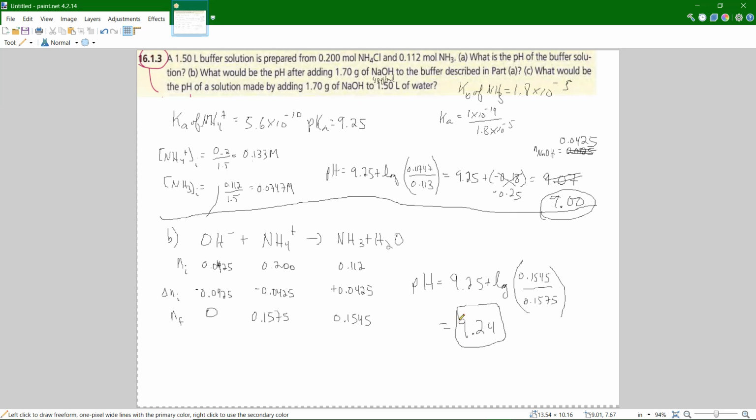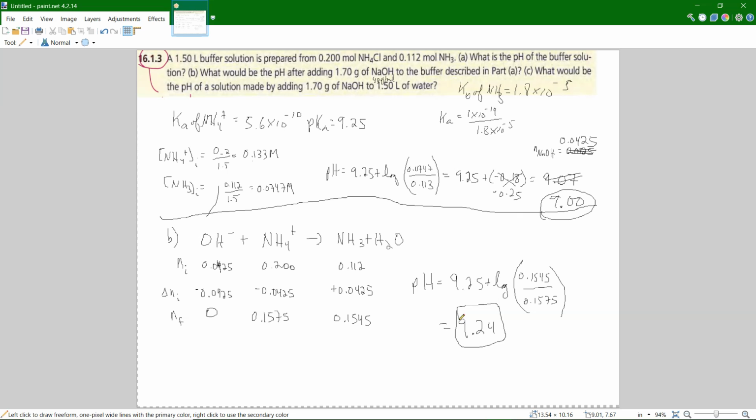But it doesn't go up drastically high. That's what would happen if we didn't have a buffer. But we do have a buffer, so the ammonium cation portion of the buffer, the weak acid portion of the buffer, absorbs the incoming strong base. And in so doing, that sacrifice, we still do get more ammonia formed, so we do get the pH going up, so it goes to 9.24.